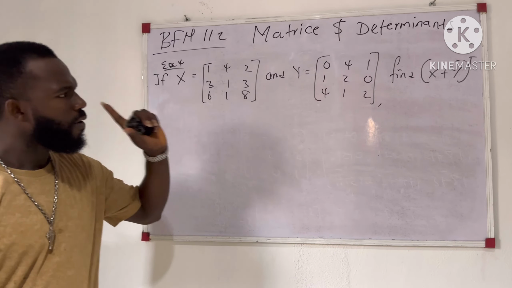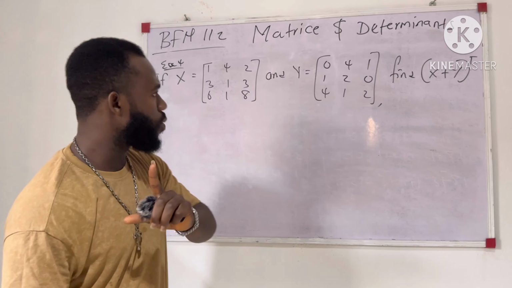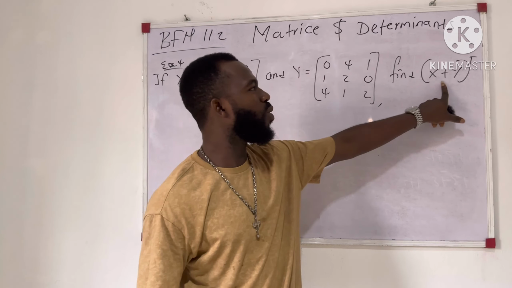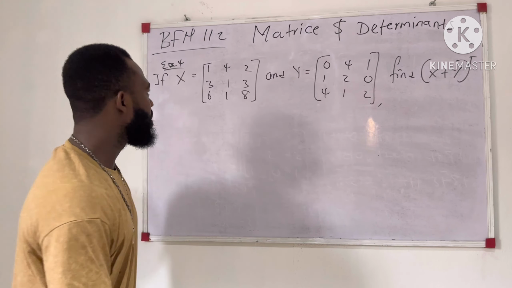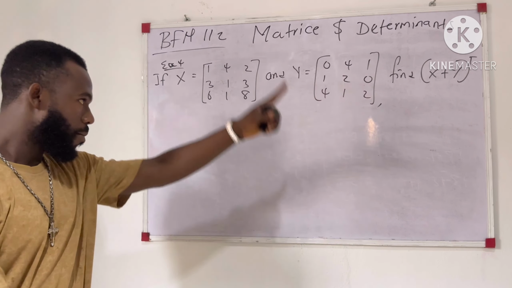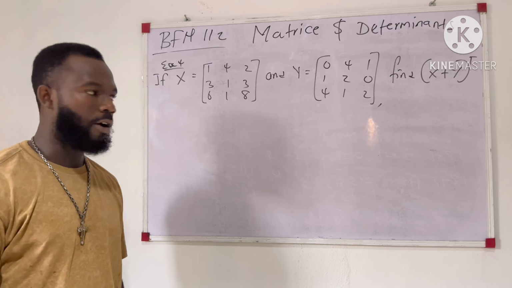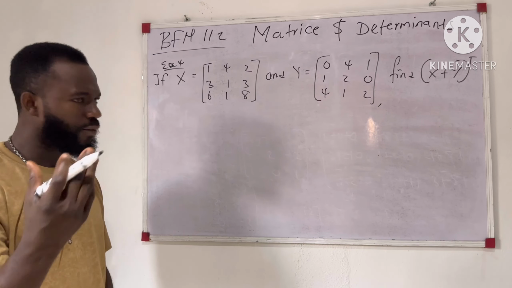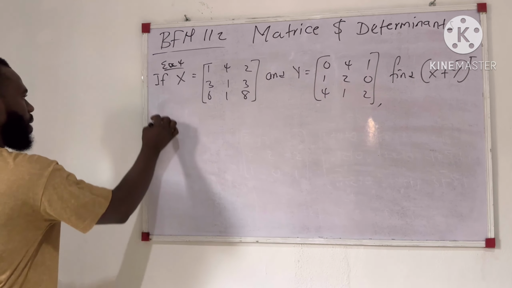Now, we can't just come here and start transposing. No, we have to first of all find the matrix of X plus Y. So it means we have to add this matrix and this matrix together first before we can find the transposition. Alright, so let's add. I believe we've done addition before.